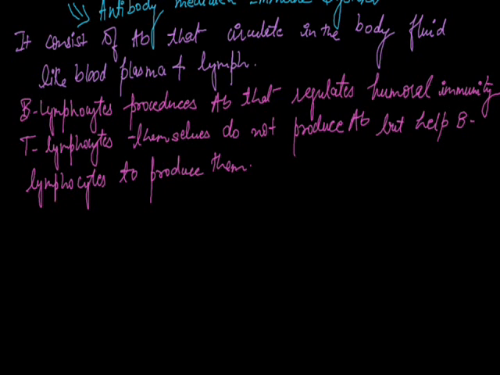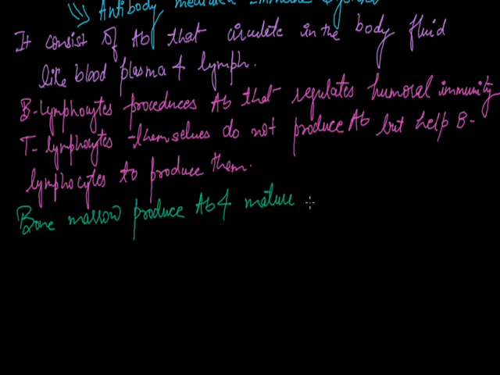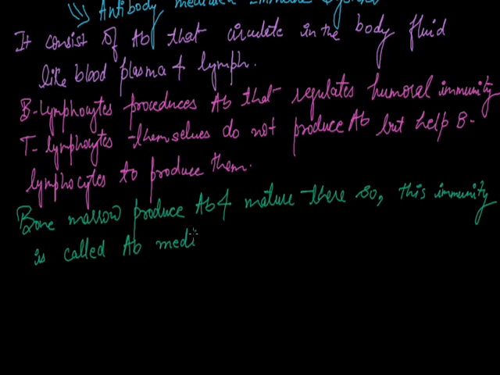The bone marrow produces antibodies and they mature there, as we have seen. So this immunity is called antibody mediated immunity, also known as humoral immunity.